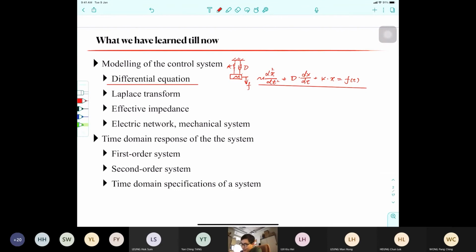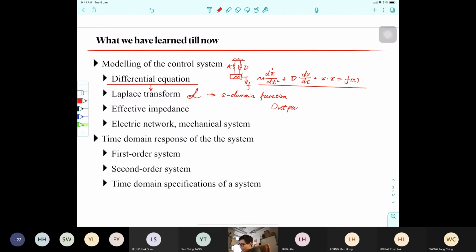Based on the differential equation, we can do the Laplace transform, right? After Laplace transform, we got S domain function, right? S domain function as a system. So between the output and input, we can know there is a transfer function, right?